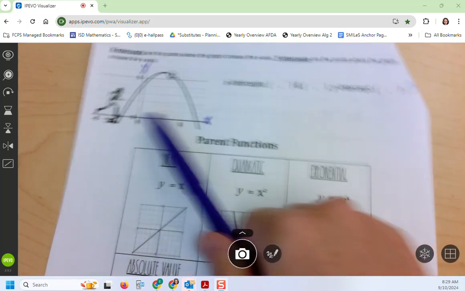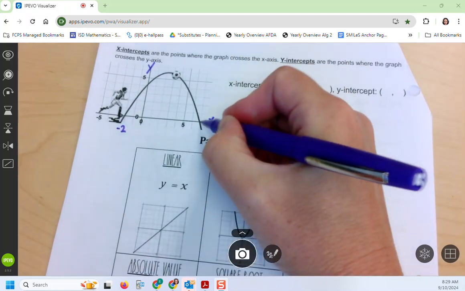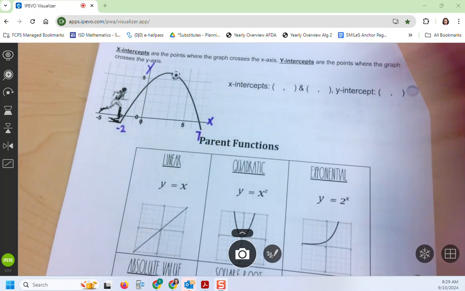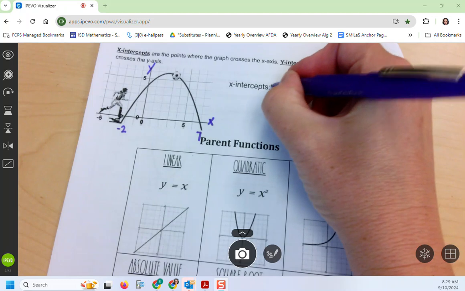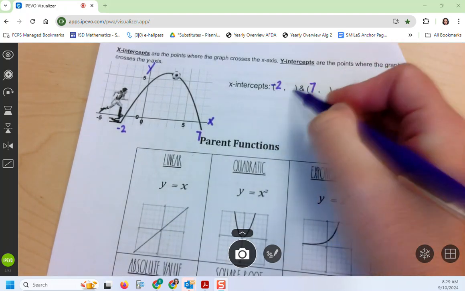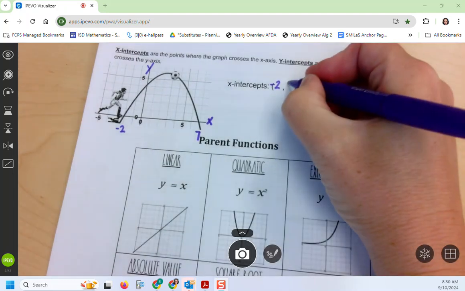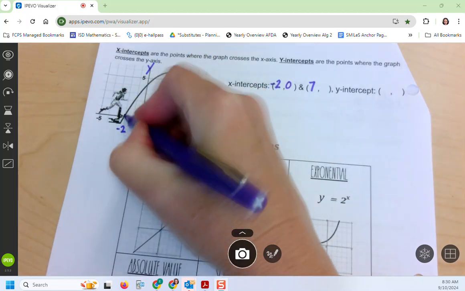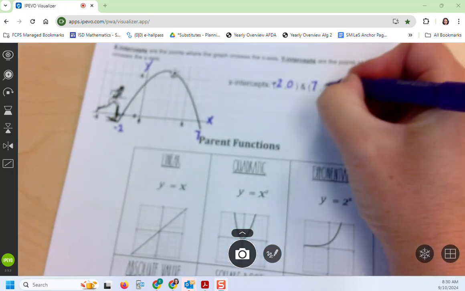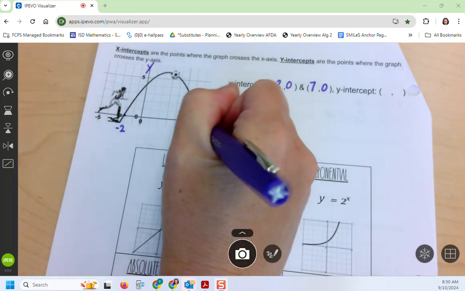So for the x-intercepts, this one back here is at -2, and then this one up here is at 7. So I have -2 and 7, and the point would be -2 comma what? 0, good. -2, 0, because the y value there is 0, and also 7, 0.